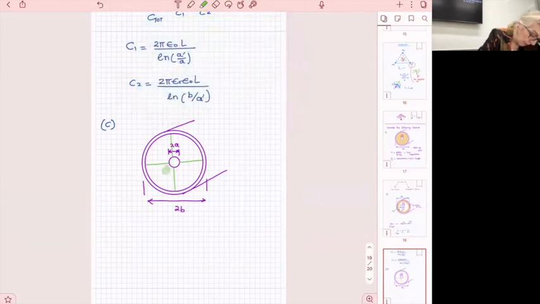Instead of having material everywhere, I have it only in two. I have created that kind of a comb kind of thing. How would you calculate that?